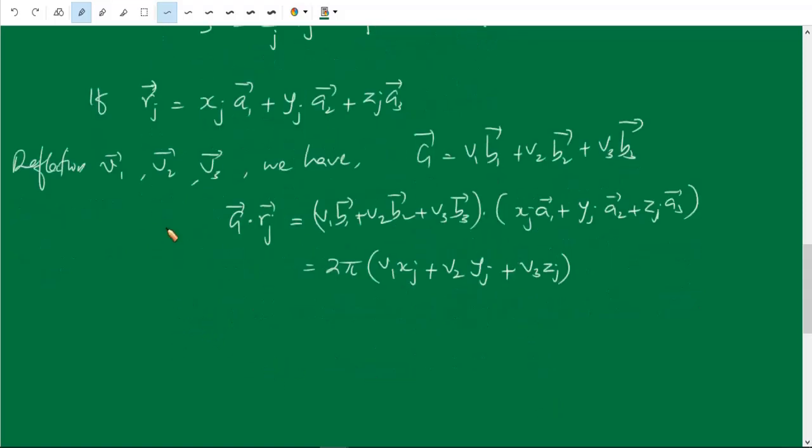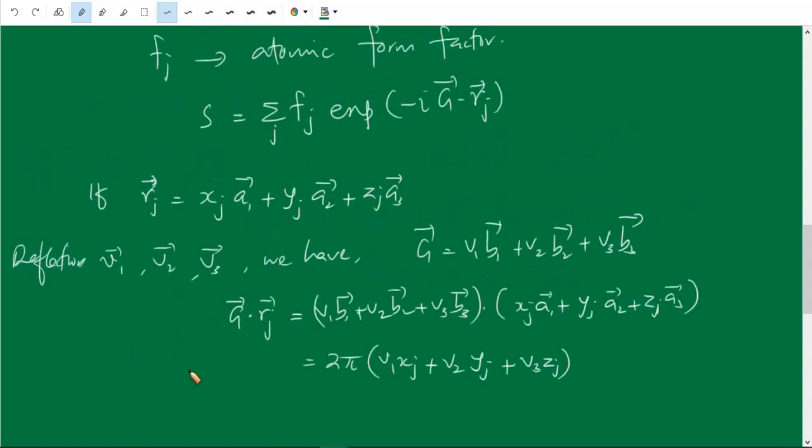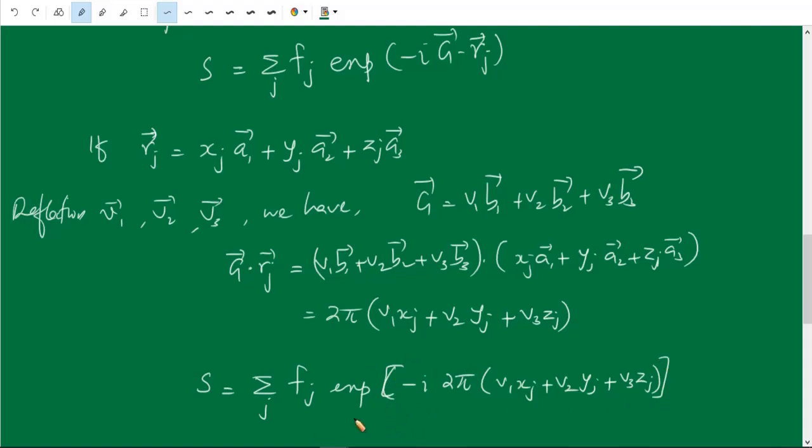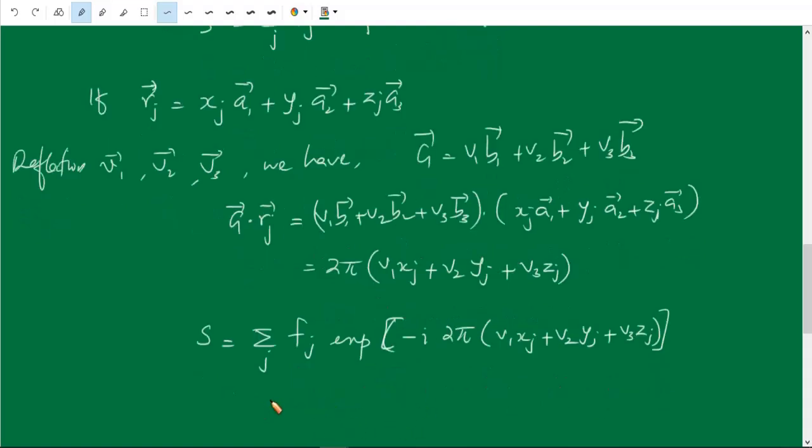So in the above expression, the structure factor S is equal to the summation over j of fj exponential minus i 2 pi (v1 xj plus v2 yj plus v3 zj). So this is the structure factor of the cell.